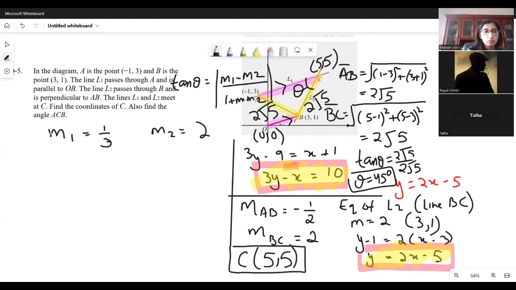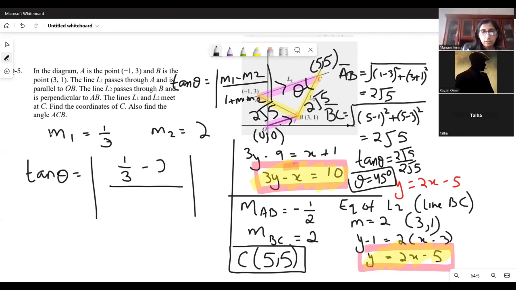ठीक है. Now let's use the formula. Tan theta equals modulus. In the numerator, you subtract the two slopes. In the denominator, you write 1 plus product of the two slopes. So numerator mein it's 1 by 3 minus 2. And in the denominator, we have 1 plus 2 by 3.